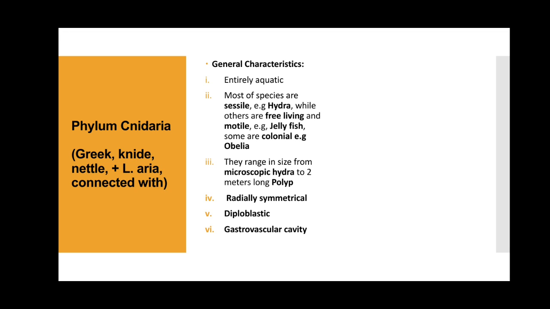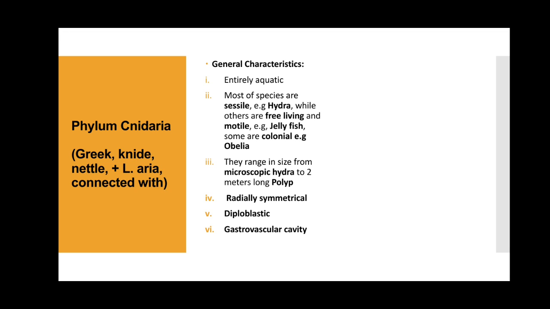Some of the cnidarians are colonial, and their example is obelia, which are attached on the surface of seaweeds. They range in size from the microscopic hydra to 2 meters in length, which are called the hydrozoan polyps.